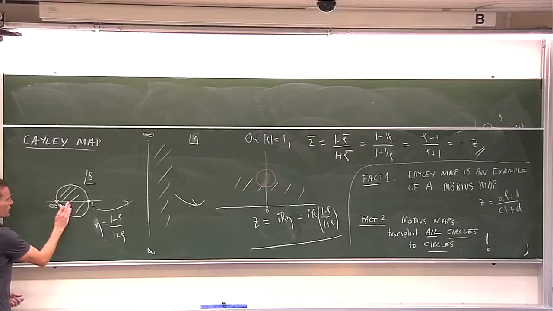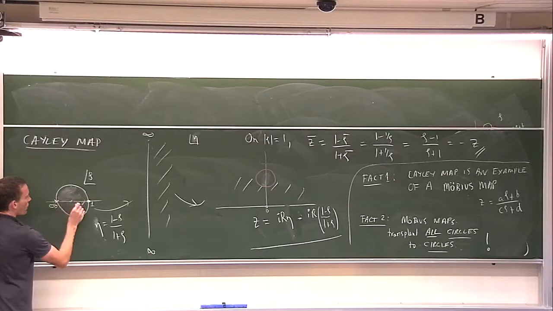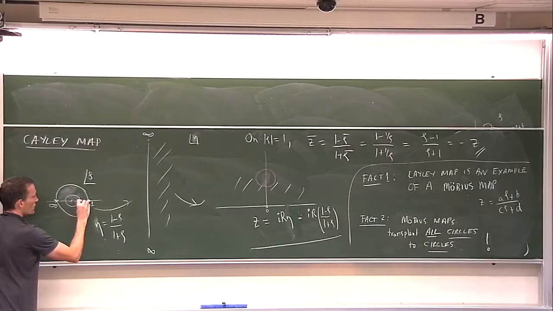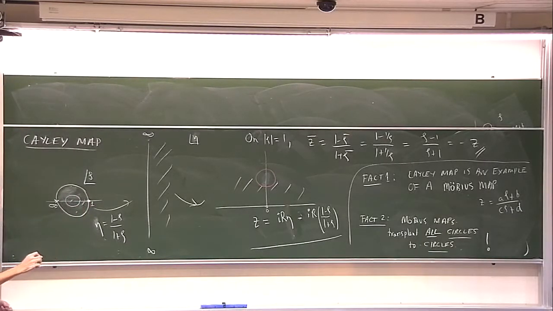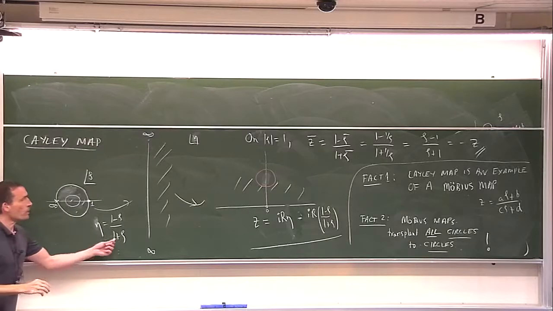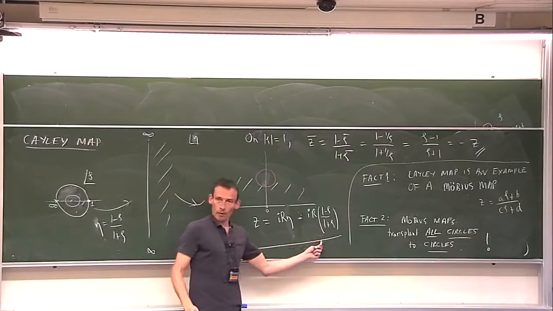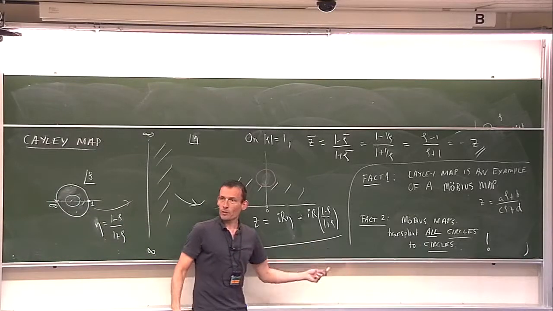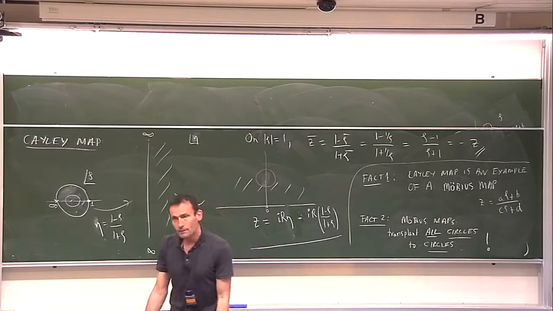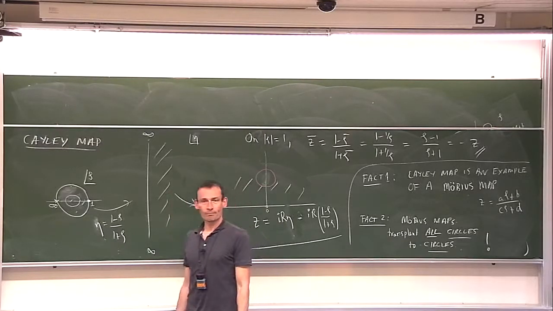Let me ask myself the following question: what does this circle get mapped to? Well, I know my mapping is Mobius, so it gets mapped to a circle from fact 2.